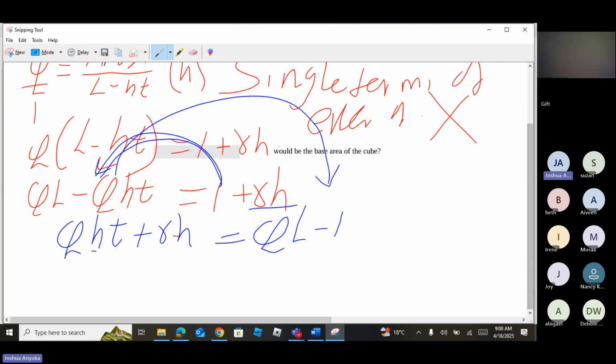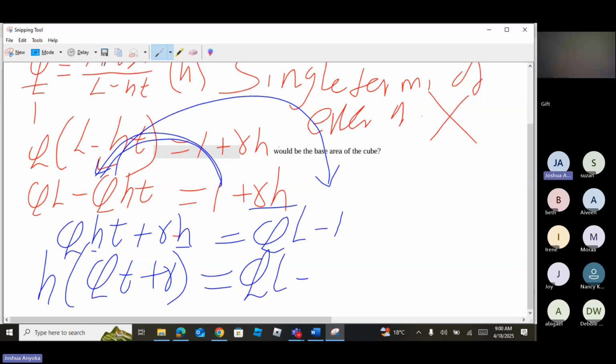We want H and it appears twice and it is common. So factorization is justified. So factor out H into QT plus R is equal to QL minus 1. Are we together?